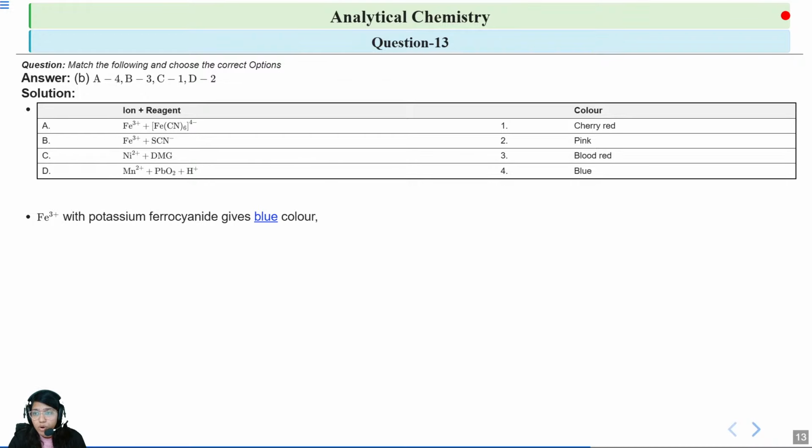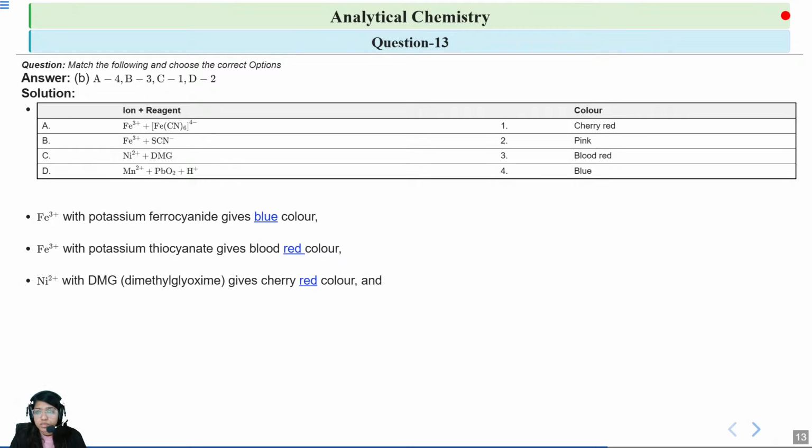It is a complex compound responsible for the blue color observed when Fe3+ reacts with potassium ferrocyanide. When Fe3+ reacts with potassium thiocyanate, that is KSCN, a blood red complex [Fe(SCN)]2+ is formed. This reaction is used to detect Fe3+ ions in solution. The color change indicates the presence of iron 3 ions.